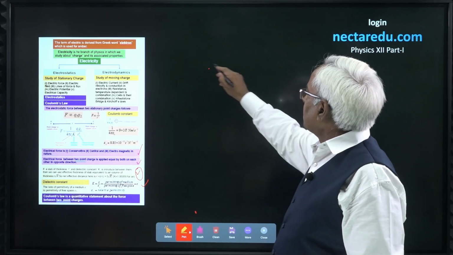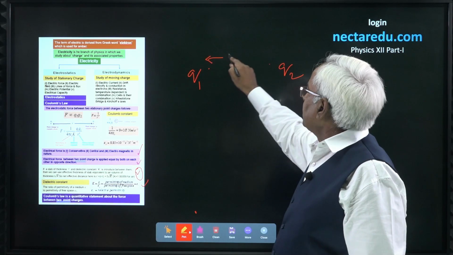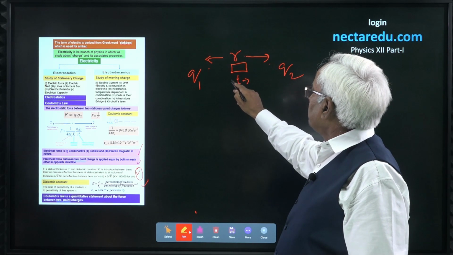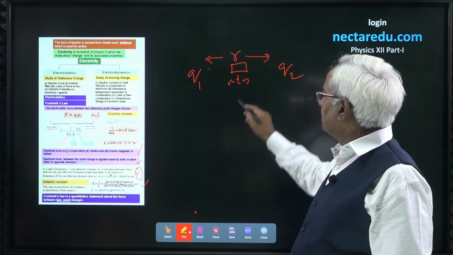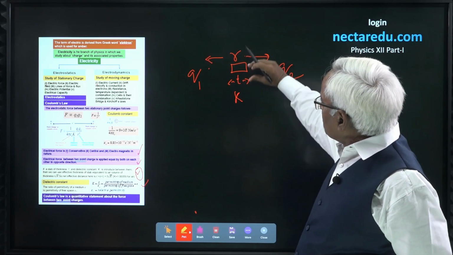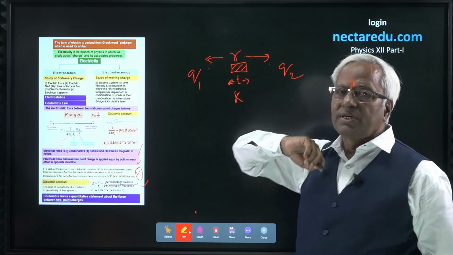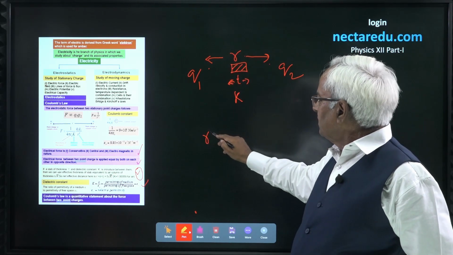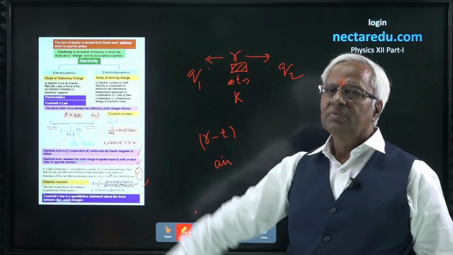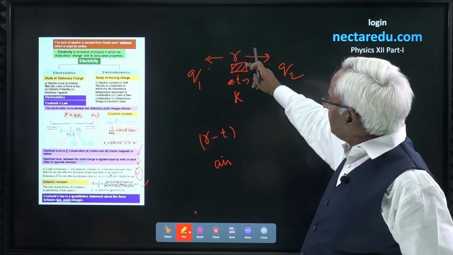Suppose the charges are q₁, q₂, a distance r apart, and in between them you introduce a slab of thickness T having dielectric constant K. Here r minus T distance is that of air, and this is that of the slab.